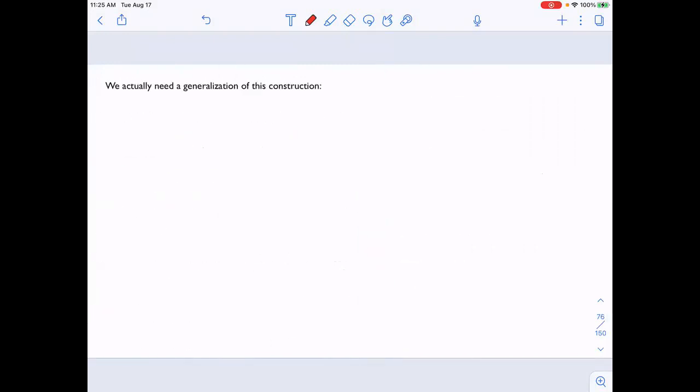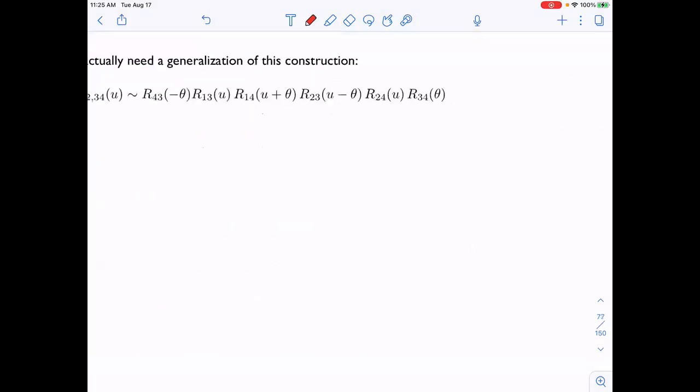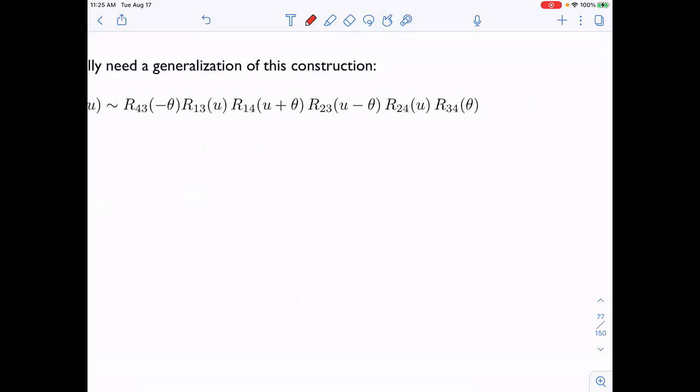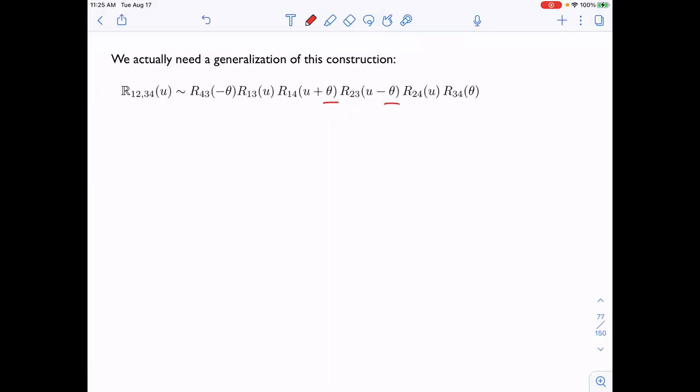Now, actually, we'll need a generalization of this construction, because we need to introduce some shifts here, so plus theta, minus theta. And in order for this to work, you also need to introduce some extra factors here.